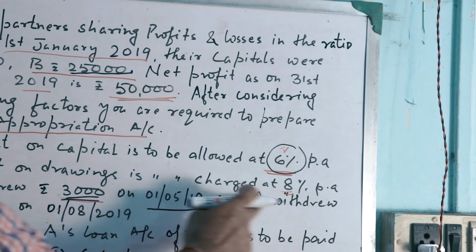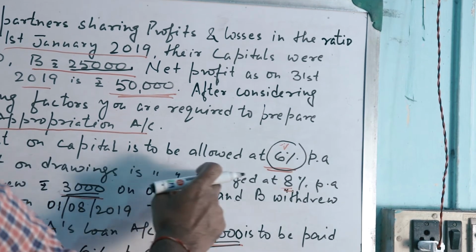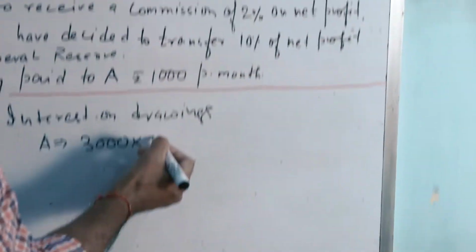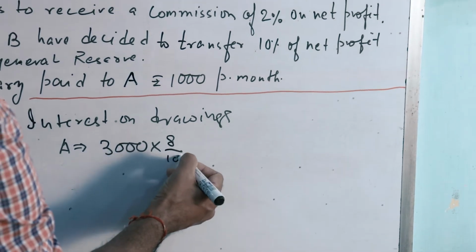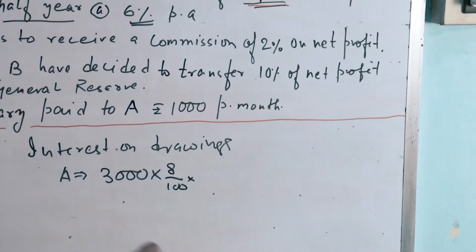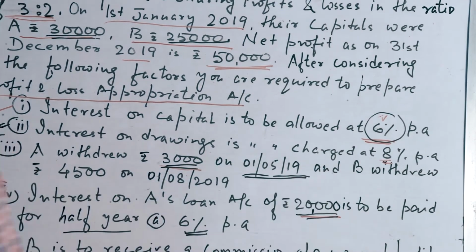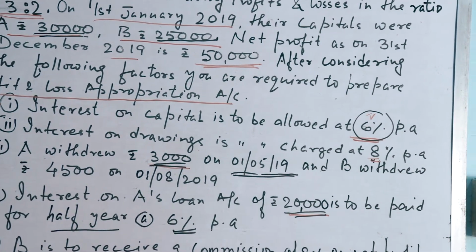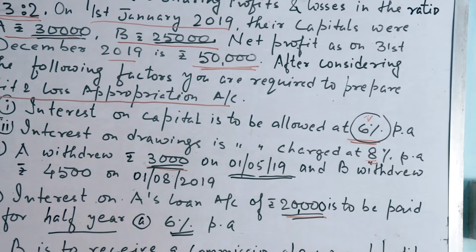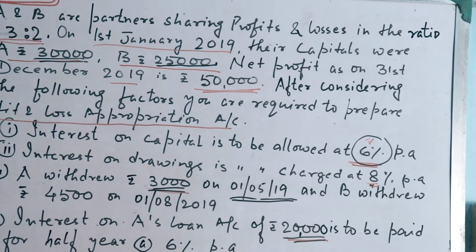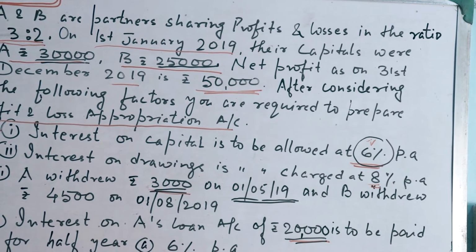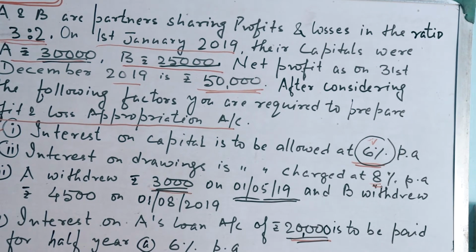8% लिखा हुआ है यहाँ. Interest on drawings is to be charged at the rate of 8%. So 8% on 3,000 for how many days? अब उठाया है May, 1st May 19. So interest will be calculated for the month of May, June, July, August, September, October, November and December. 8 months.